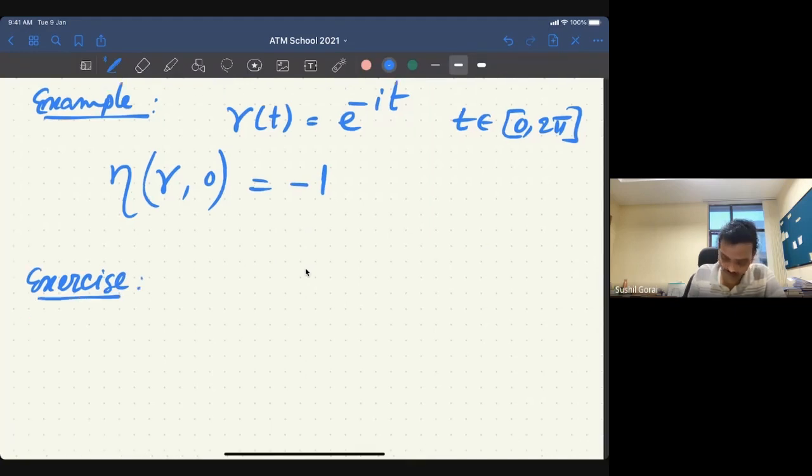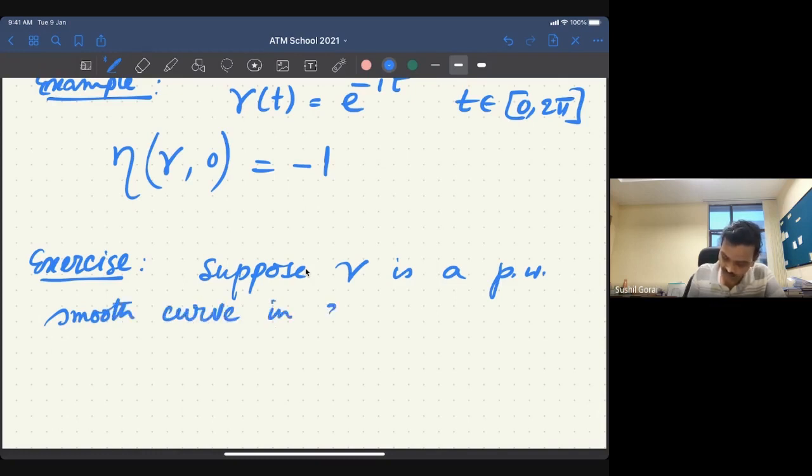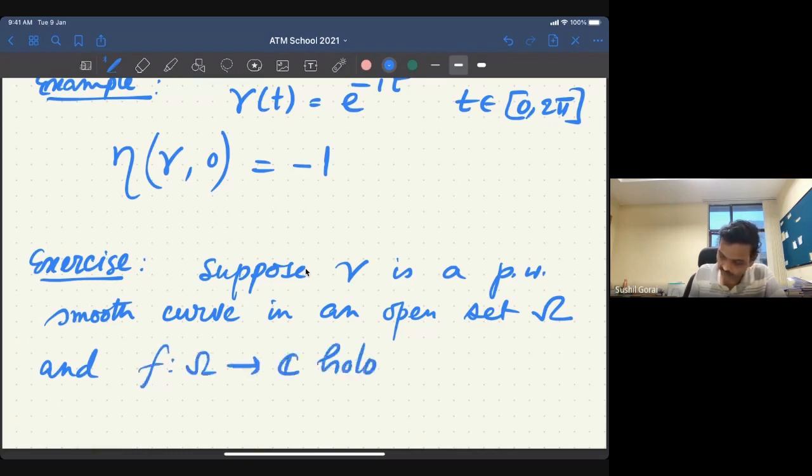So please solve it. Suppose gamma is a piecewise smooth curve in an open set omega, and f from omega to C is a holomorphic function. Assume z0 does not lie in the trace of the curve f compose gamma.